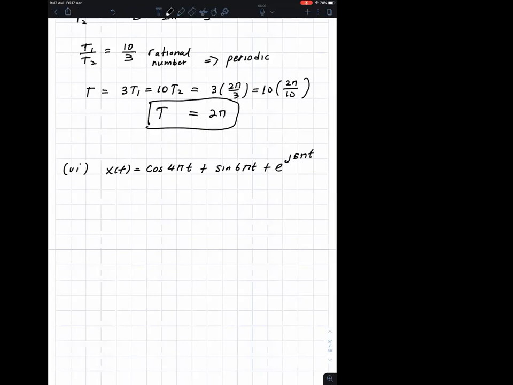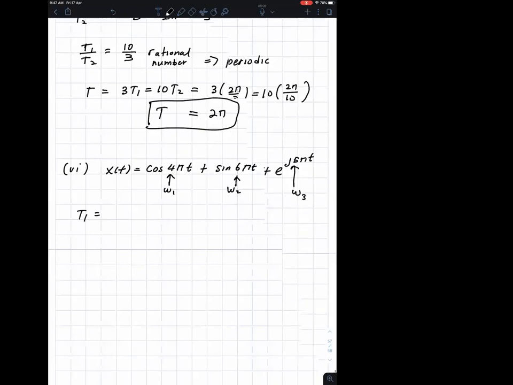Call this omega 1. The frequency is here, pi omega t.